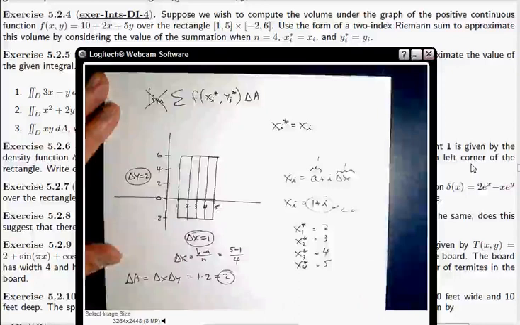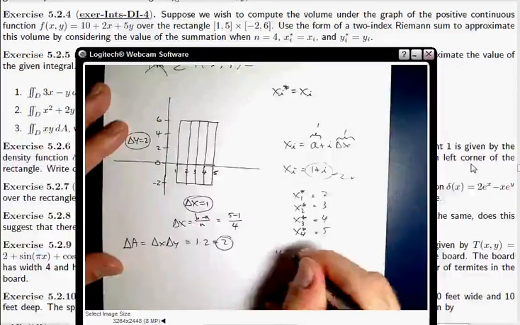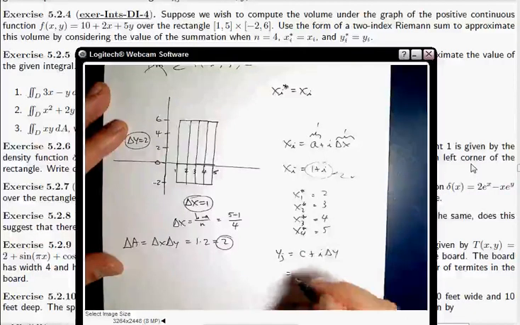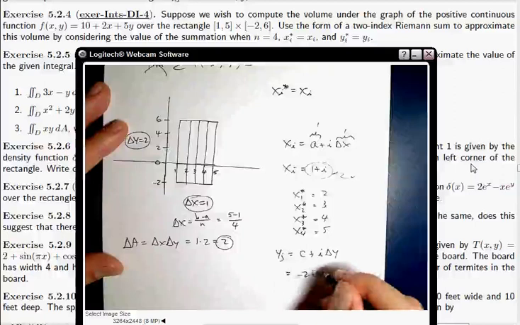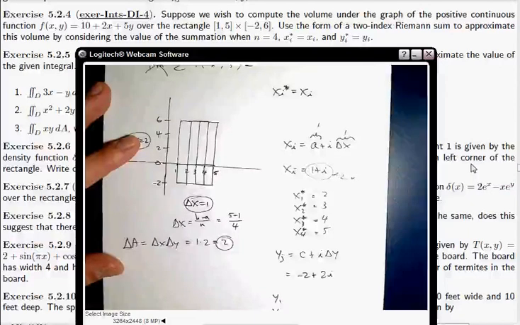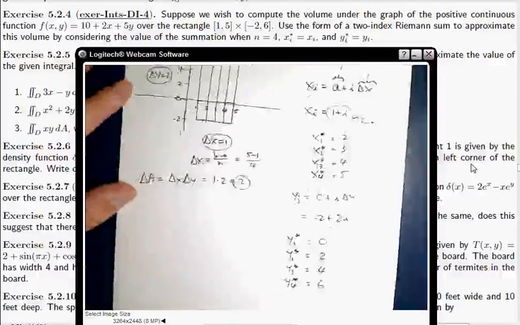Just like you said. Similarly for yj, yj is c plus j delta y, so that's -2 plus 2j, and so your y1, y2, y3, y4 are 0, 2, 4, and 6. Oops, sorry, there we go.